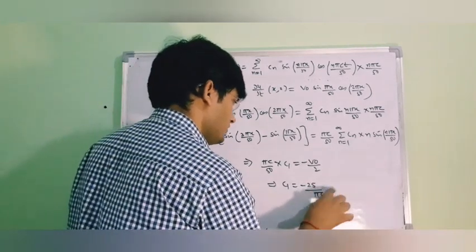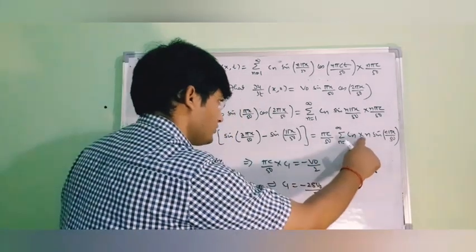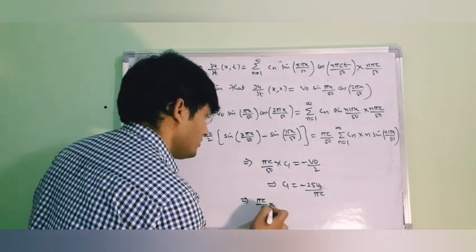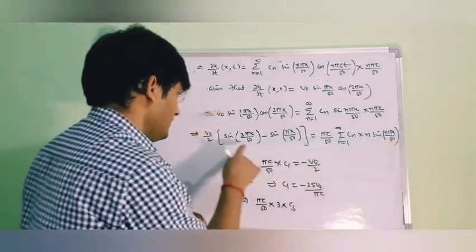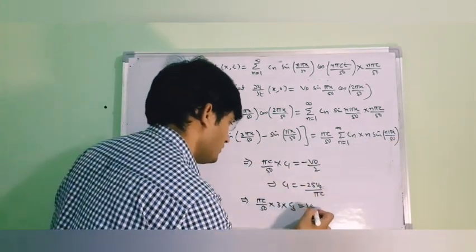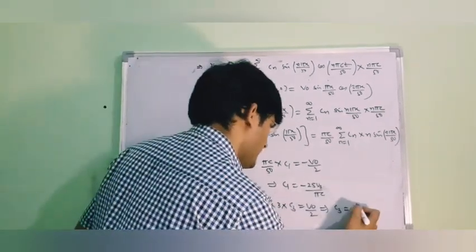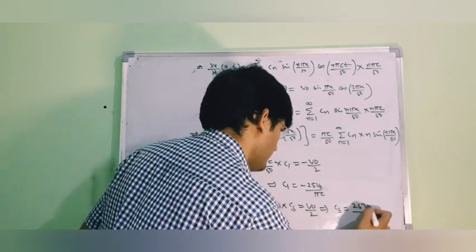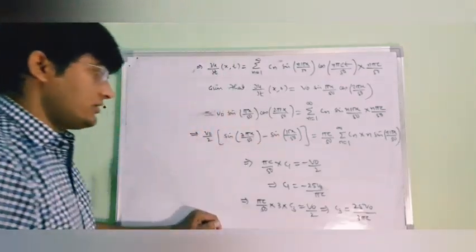So this is your coefficient c1. And similarly, if we take n equal to 3, then in the right hand side we will have pi c upon 50 into 3 into c3, and the coefficient of sin 3 pi x upon 50 in the left hand side is v naught upon 2. So from here our c3 will be 25 v naught divided by 3 pi c. So this is the coefficient c3.